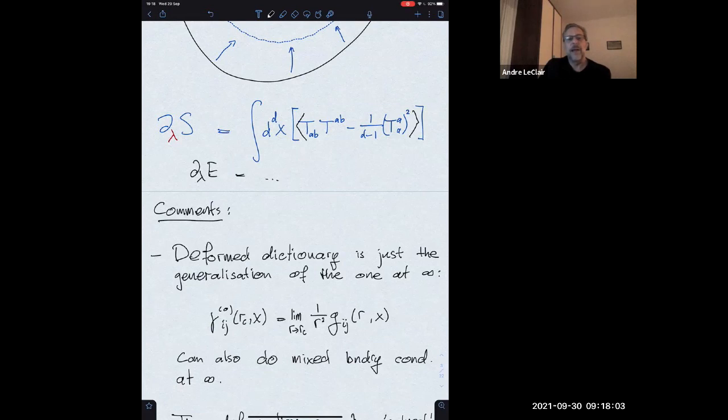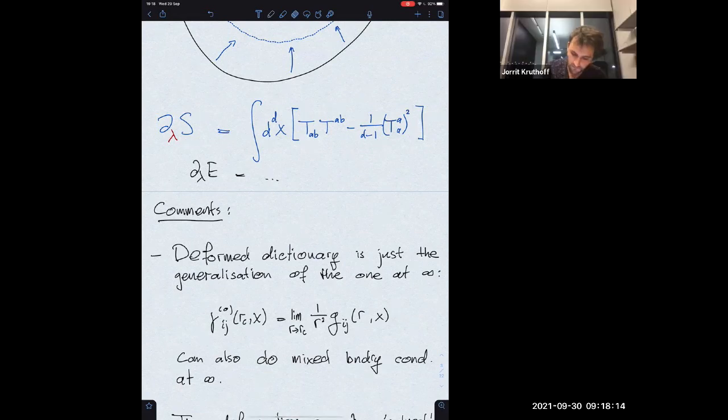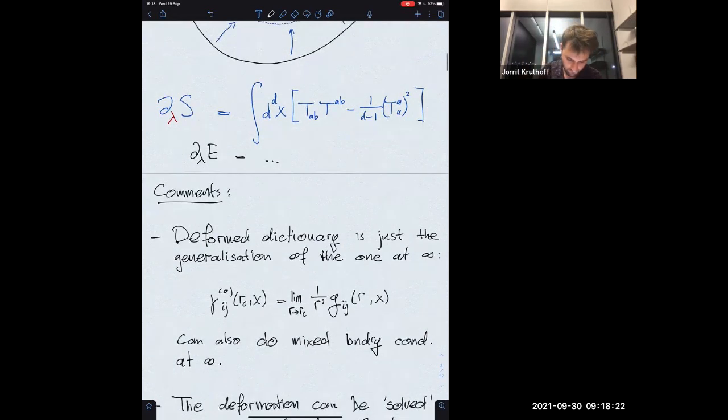It's not really the action, just an effective one. It's far less precise in higher dimensions. This only makes sense at large N and within some effective description.